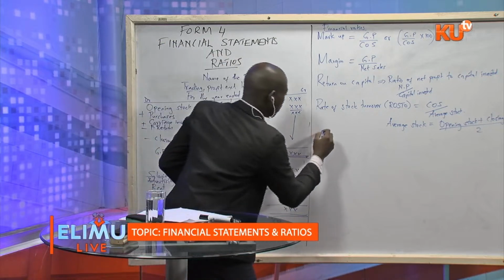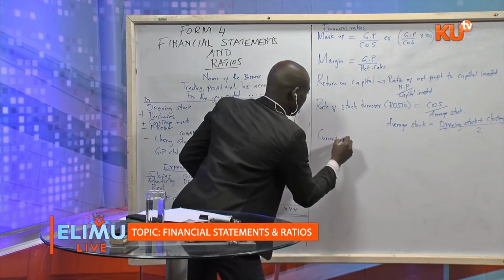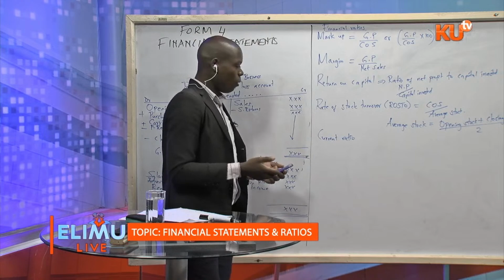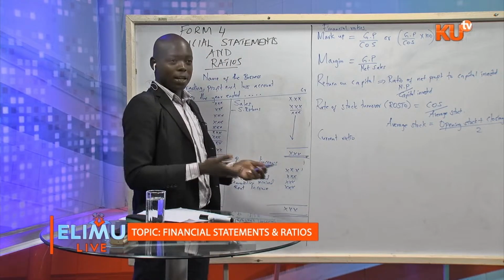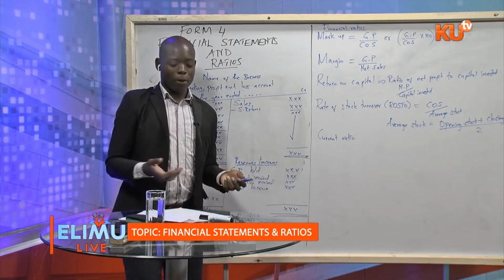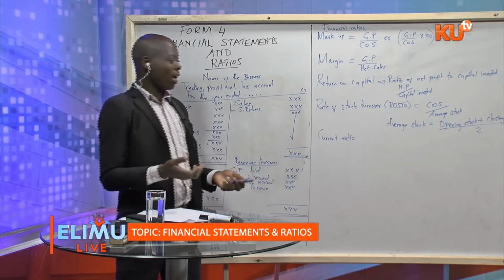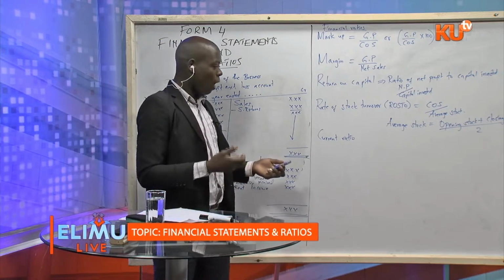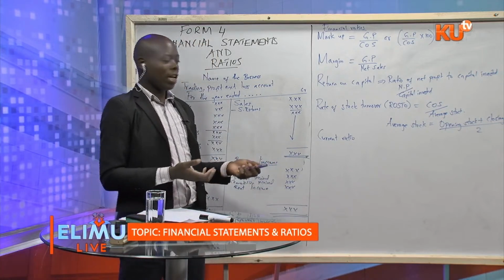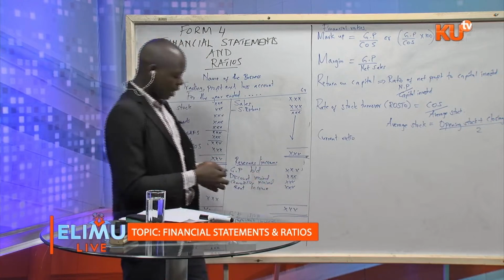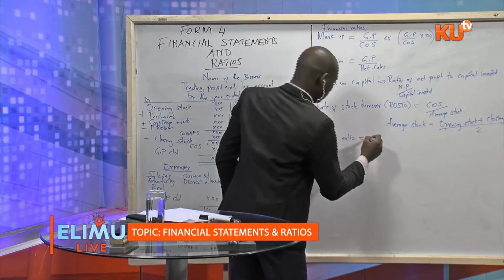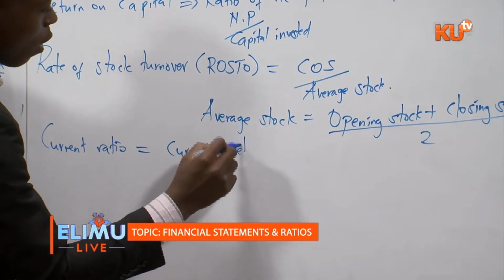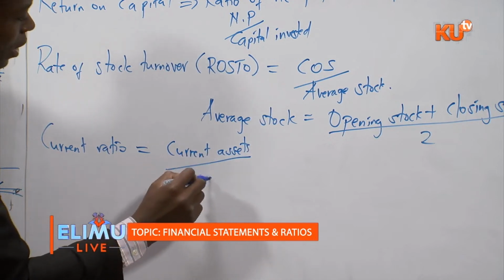Maybe we need to also add what we call current ratio. Current ratio is used to show how the current assets are behaving against current liabilities. Remember, the more liabilities you have as a business, the more troublesome you are. So you need to see how current assets and current liabilities compare, and that ratio is called current ratio, given by current assets over current liabilities.